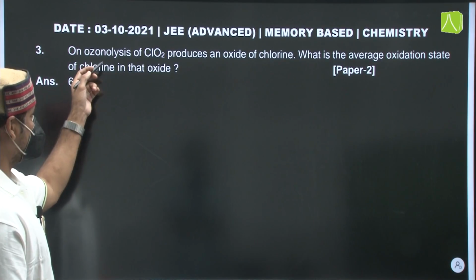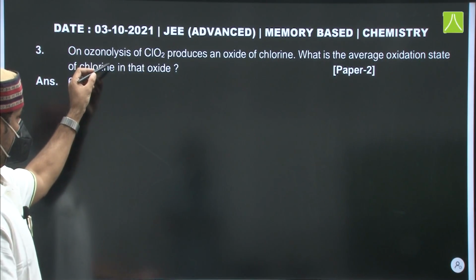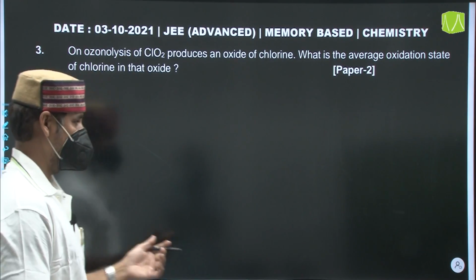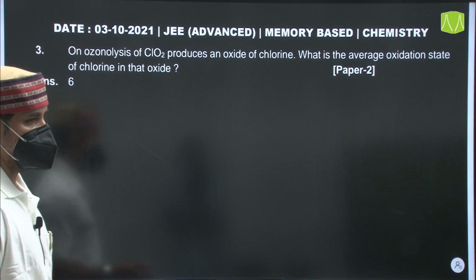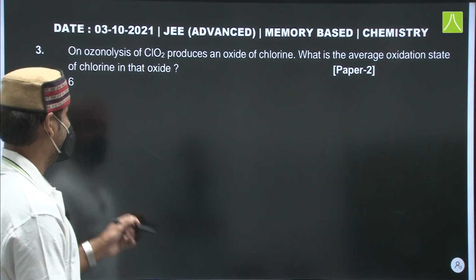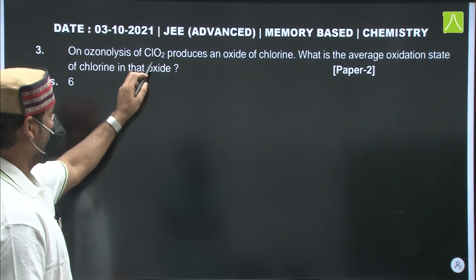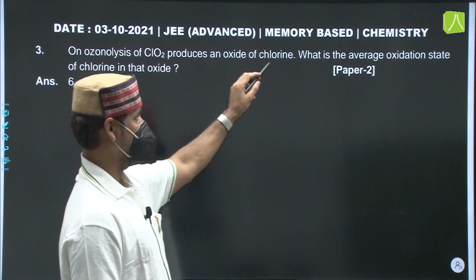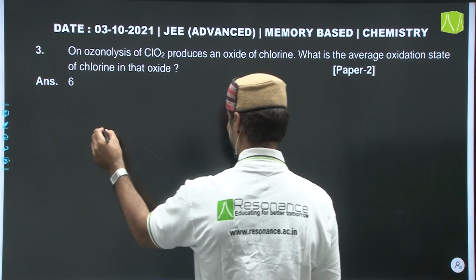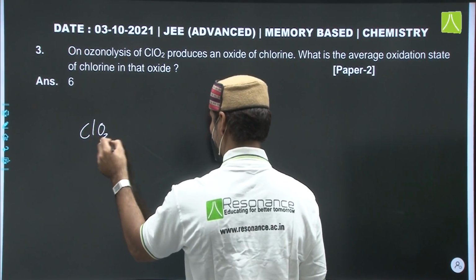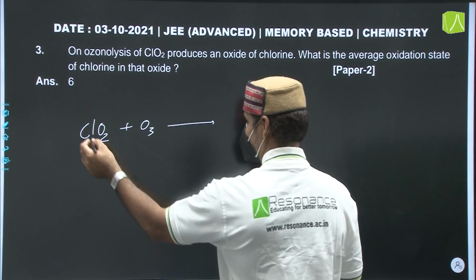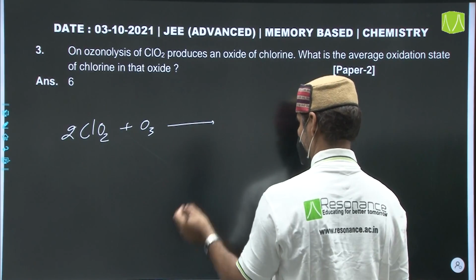On ozonolysis, or ozonization, actually language can be changed, words can be changed, in the original question asked in the IIT JEE exam 2021. Ozonolysis of ClO2 produces an oxide of chlorine; what is the average oxidation state? Students, when ClO2 reacts with ozone, this reaction will be like this.